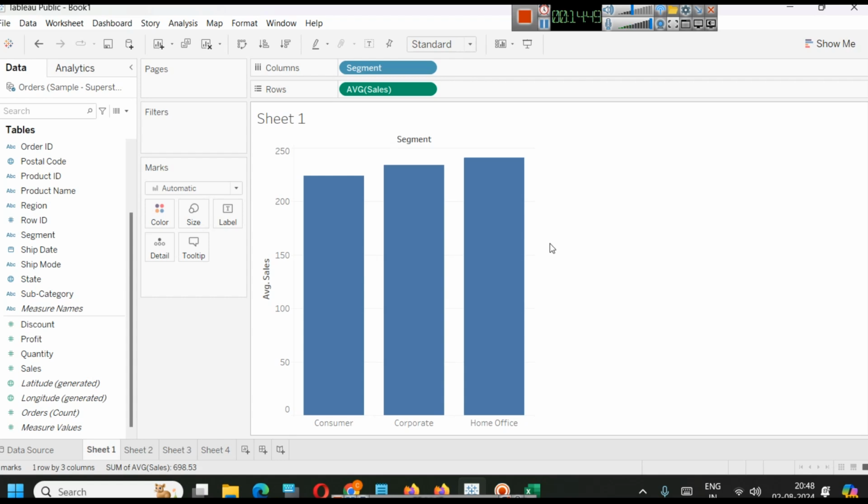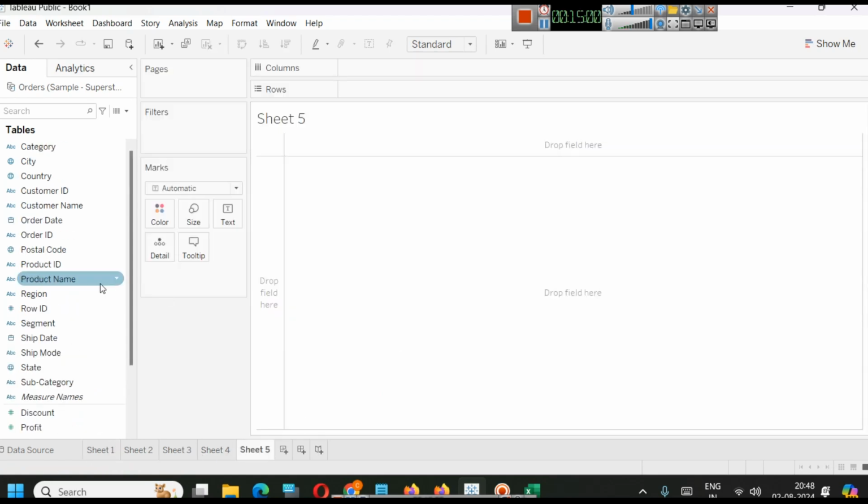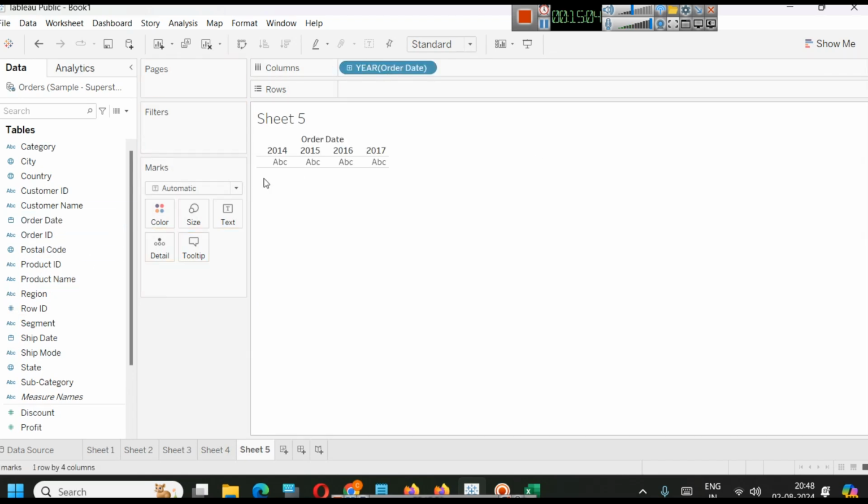Similarly, there is one more case where a bar graph will be a suitable type of graph. So if we drag order date here, now you have to listen very carefully.